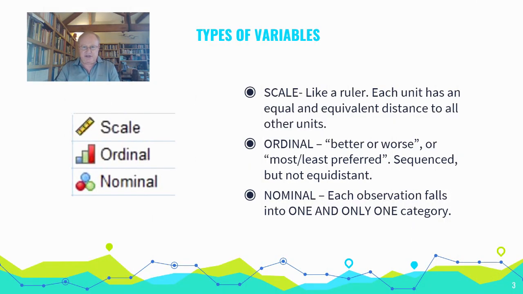Now, before we start on looking at some of the statistical tools that we need, there are three kinds of variables that I have to explain to you, and I'm using here on the left the images that come up in a program called the Statistical Package for the Social Sciences.